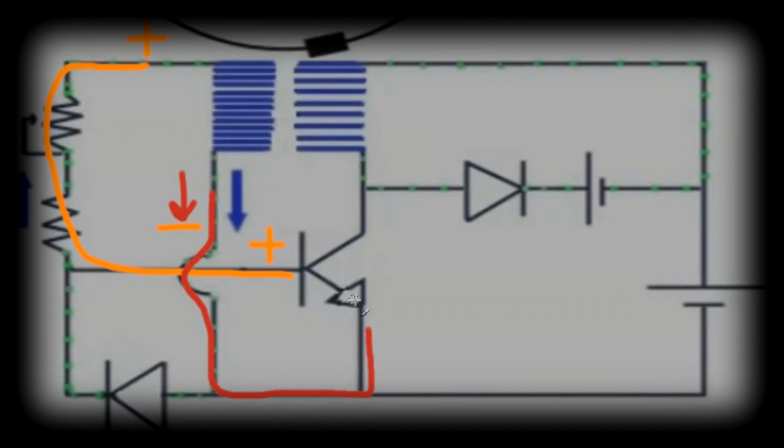Now the emitter acts like a diode, one-way gate. So this side here would be blocking positive potential. So since this is negative potential here, it can flow. How do I put this?